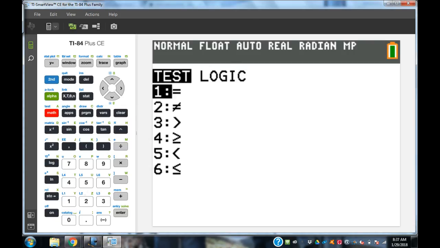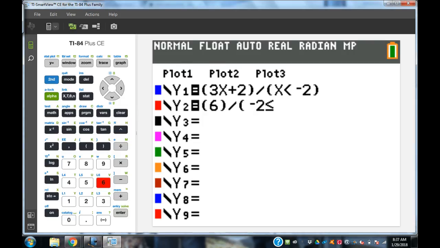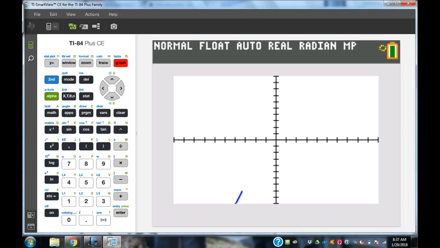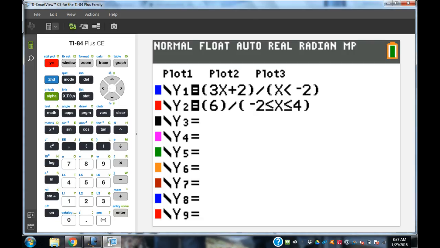Less than or equal to, which is 6, x, 4. We'll see. It'll graph the first one. I bet it gives me an error on the second. Nah, it didn't cut it off. Because it couldn't handle that, it just graphed the y equals 6.